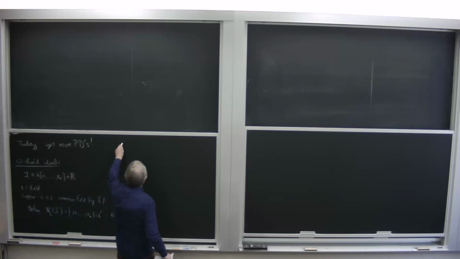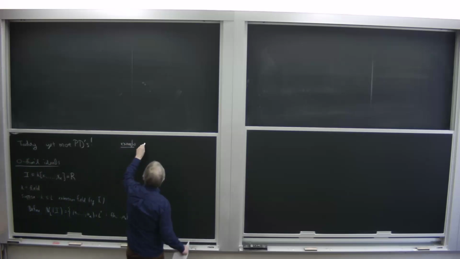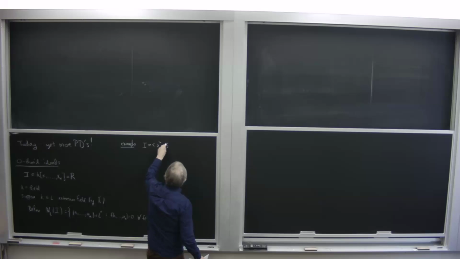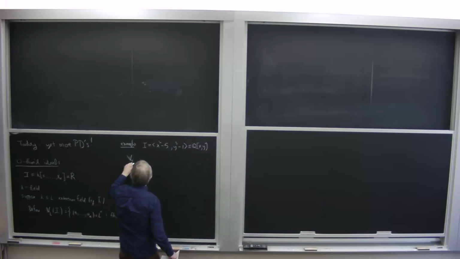So as a simple example, we have I equal to (x^2 - 5, y^2 - 1), sitting inside of, say, Q[x,y]. And the zero set over C of I is what?